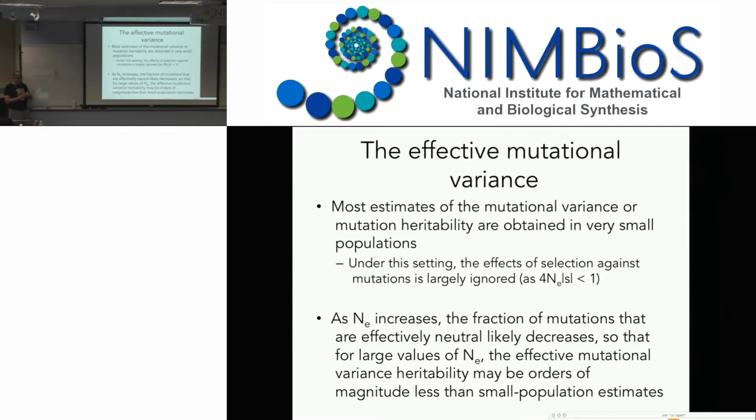Not due to sampling, it's just due to the fact that when you've got selection, as your population size gets smaller, selection for and against things becomes less efficient. So in large populations, selection is very efficient, and therefore things which are slightly deleterious and wouldn't matter at all in your accumulation lines now become quite deleterious and are removed from your population and don't contribute much.